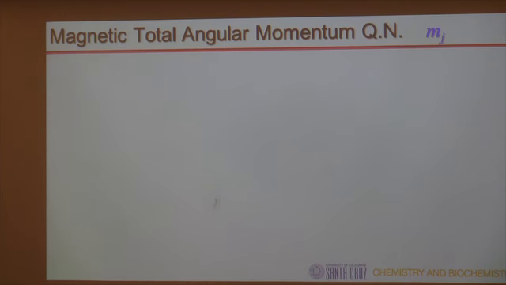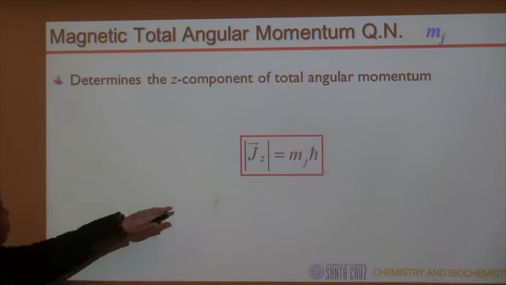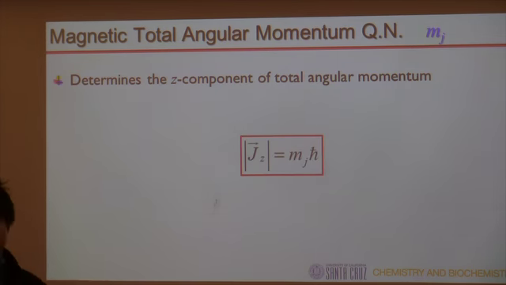And then the last one is the magnetic total angular momentum quantum number, MJ. Again, it determines the Z component of the total angular momentum. So from here, you can group the last six into just three groups: L with ML, S with MS, J with MJ. That's a pretty similar pattern, and also a similar equation to determine them.